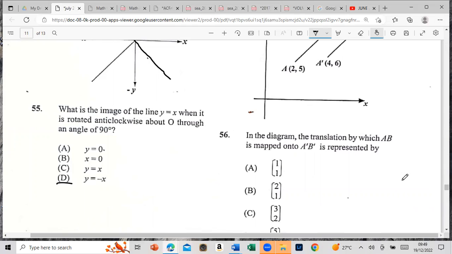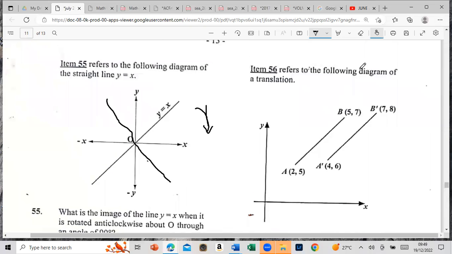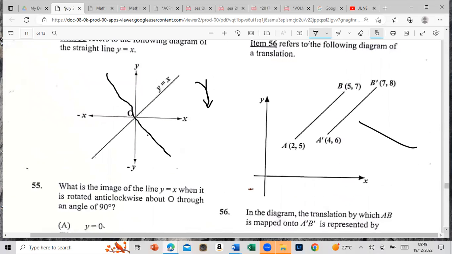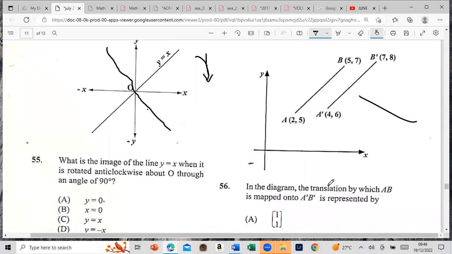Alright, let's move up. Oh, 56 is right here, right beside it. Let's go up to 56. Refer to the following diagram. So we have P and Q. It's like a translation. In the diagram, the translation by which AB is equal to A prime B prime.